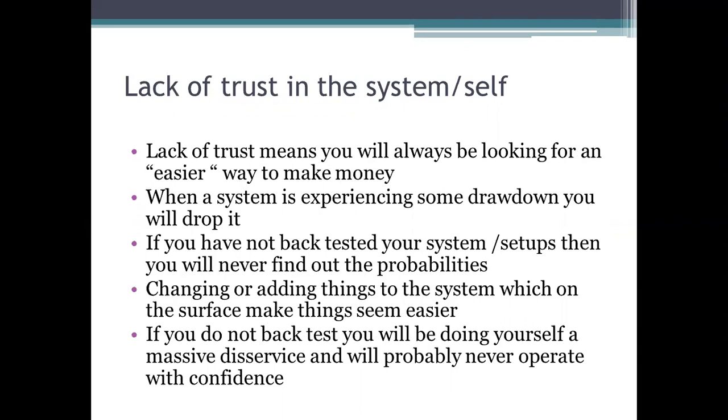Now, if you've not backtested your strategies or setups, then you'll never find out the actual probabilities of it, right? One beautiful thing about backtesting is that you can have, although it might not be mathematically accurate, let's say 97.88%, rounded off to 97% probability that I will have a winning trade over a losing trade, right?